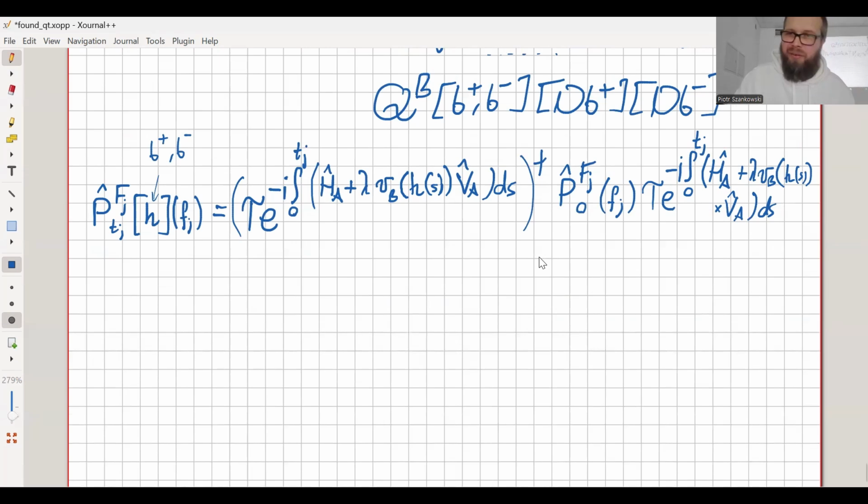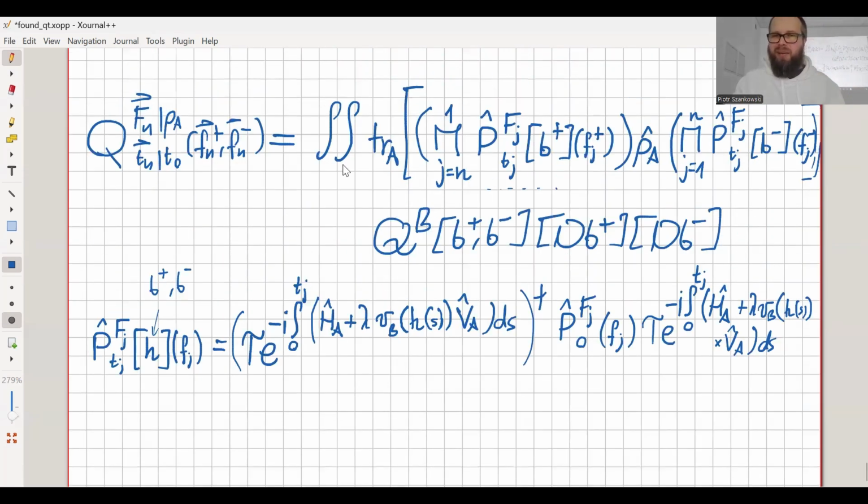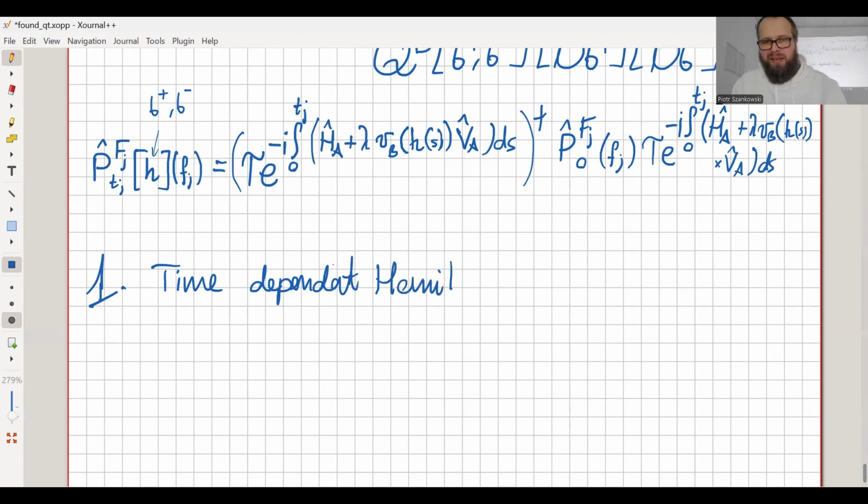There are two main observations I want to make about this formula. Observation number one is about time-dependent Hamiltonians.